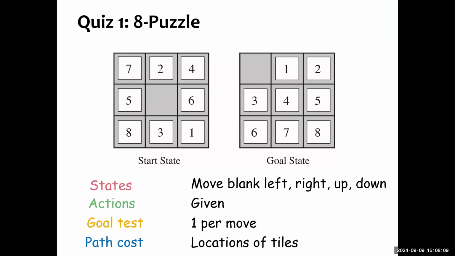Is anybody else online having trouble getting to it? No, looks fine to me.